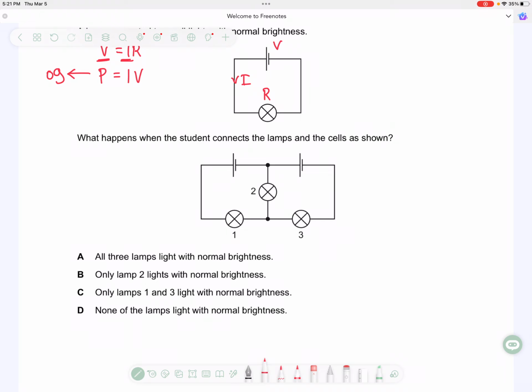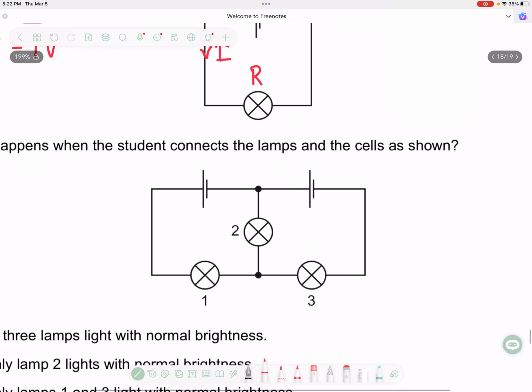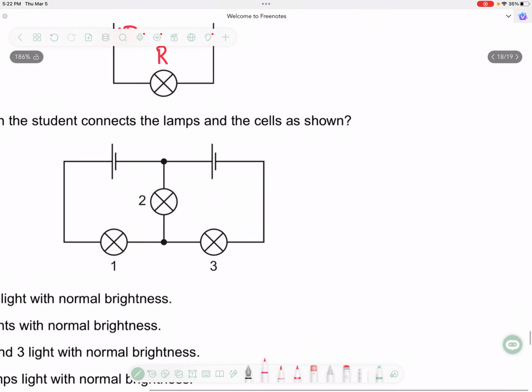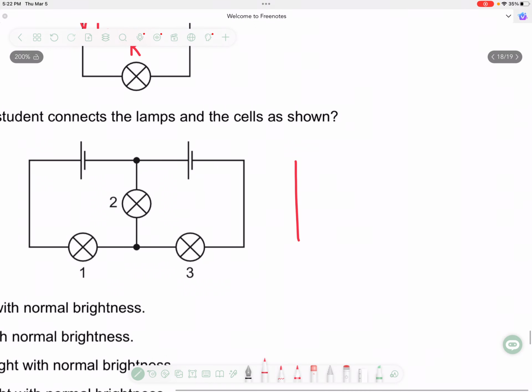Now we need to think about this in a very methodical way, because there are two EMFs, and what I'm going to do is draw another diagram right here, but I'll shift all the elements a little bit.